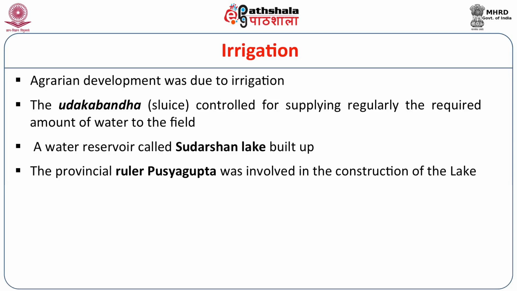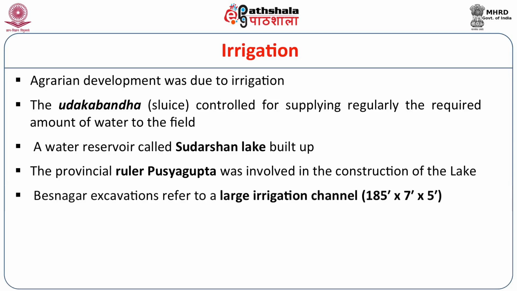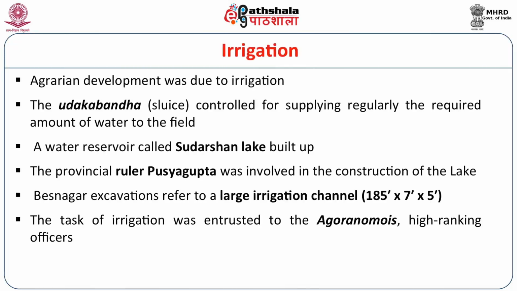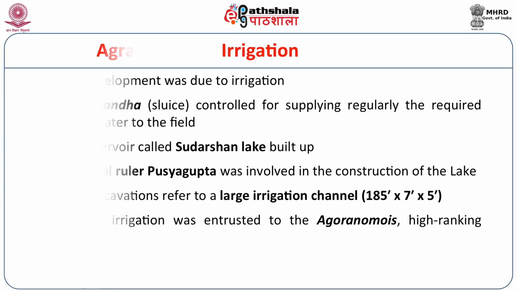Another water reservoir is situated in Besnagar, and it has come to light through archaeological excavations at that place. It is an irrigation channel, 185 feet by 7 feet by 5 feet. It is a huge and large irrigation channel. The task of irrigation was entrusted to the high-ranking agronomy officers.